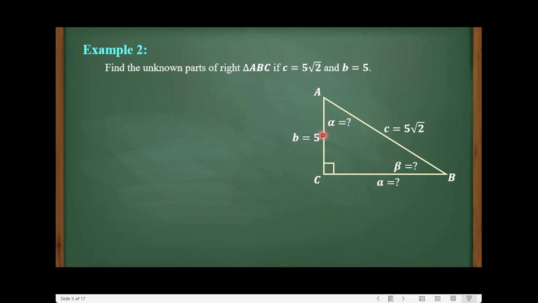The vertical leg is 5, and the hypotenuse is 5 square root of 2 denoted by small letter c, and the unknown parts are the horizontal leg denoted by side small letter a, and the two acute angles denoted by alpha and beta.